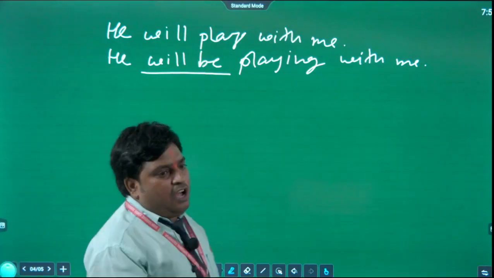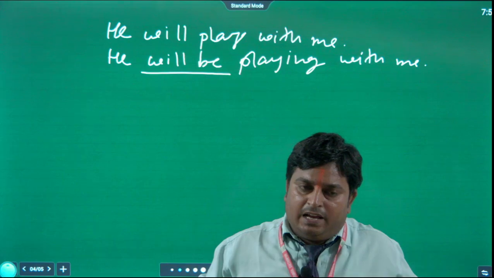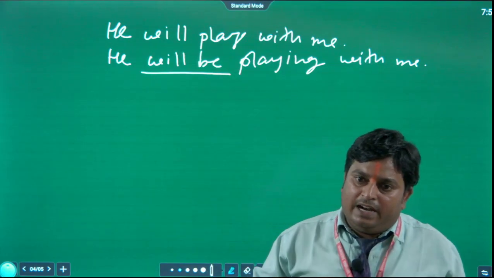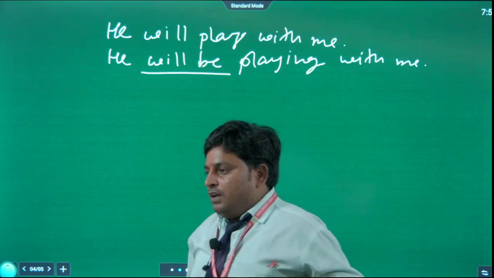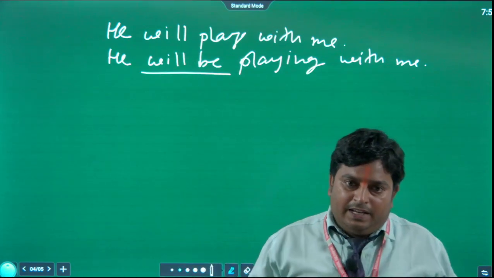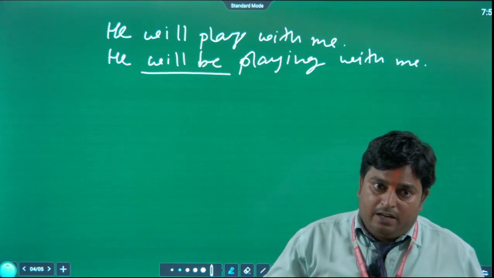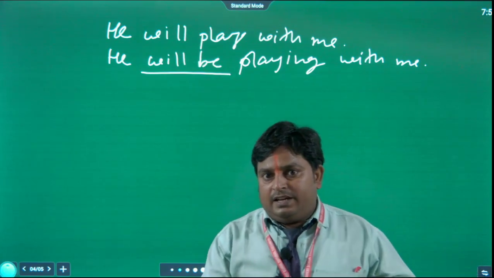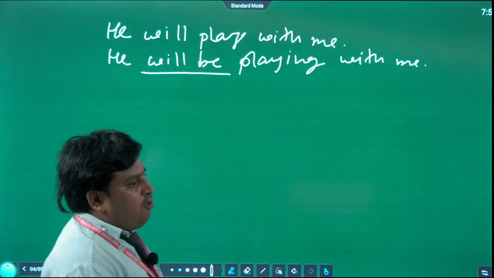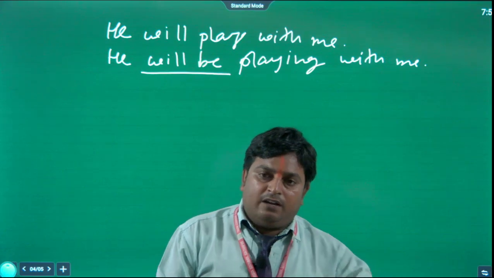But in the case of promise or threat, we can use shall with other subjects and will with I and we, like I will kill you. Here with I, the first person pronoun, we use will, in the case of threat or promise. But in the general, normal case, we use shall with first person I and we.